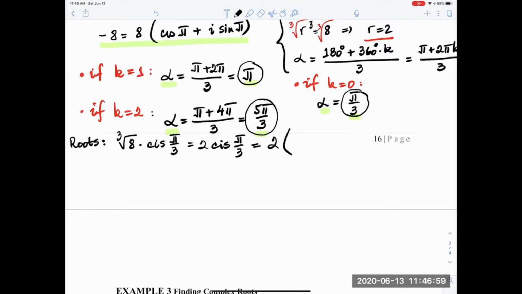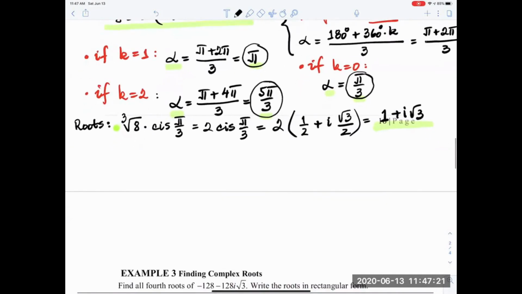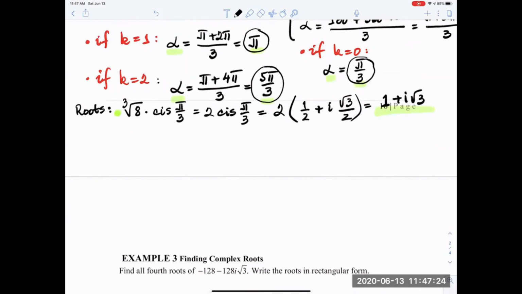Cosine of pi over 3, that's 1/2, plus I sine of pi over 3, which is root of 3 over 2. So if you distribute your 2, you get 1 plus I root 3. Okay, so that is 1 cube root. That was for alpha equals pi over 3.